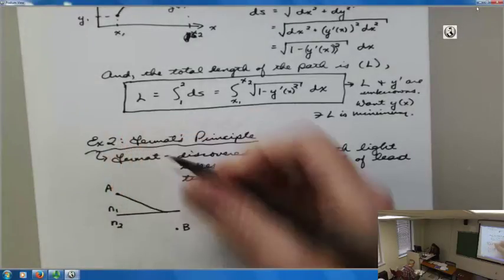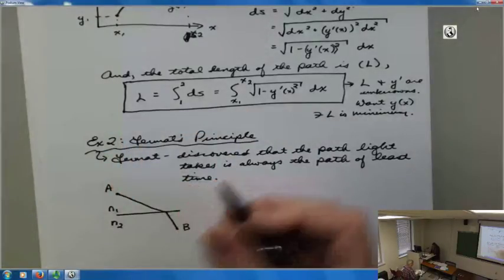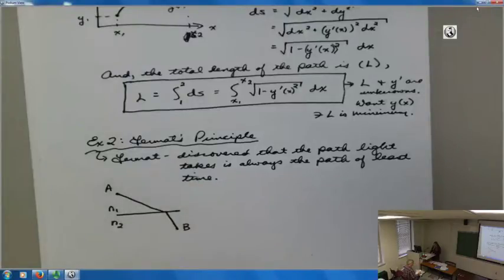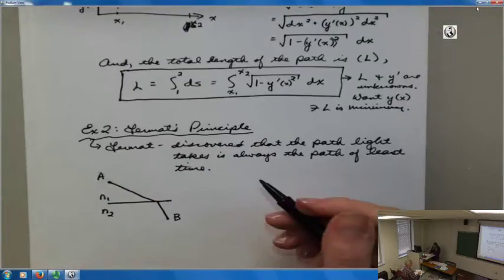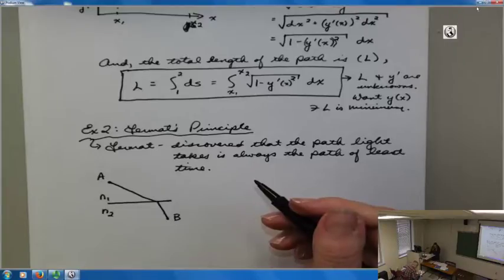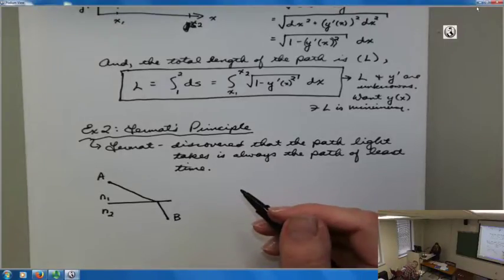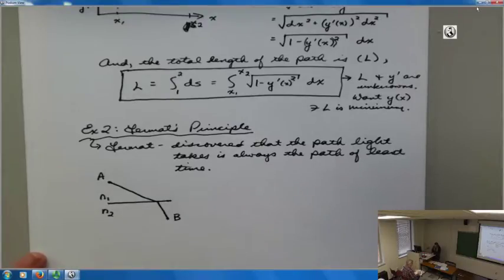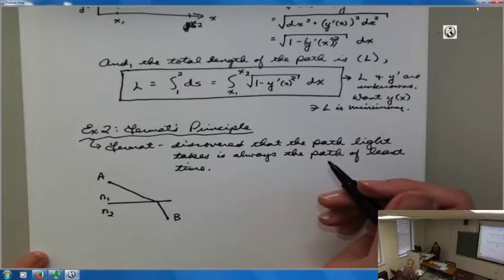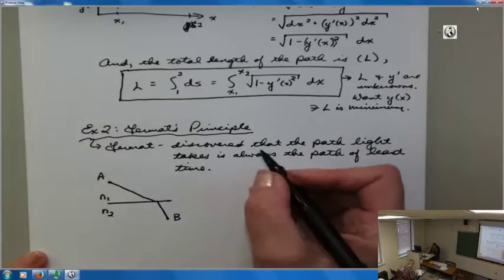And as a result, you get a path for the light that looks something like that. In this case, what we want to think about is the time elapsed during this path to figure out what path the light will take.